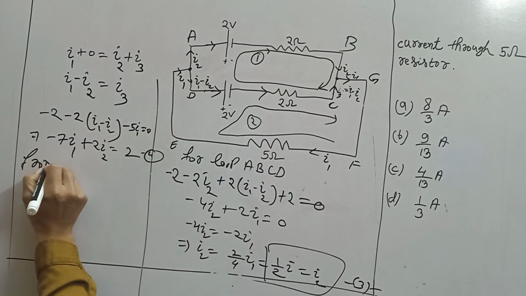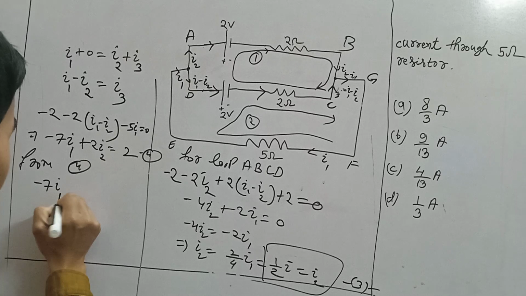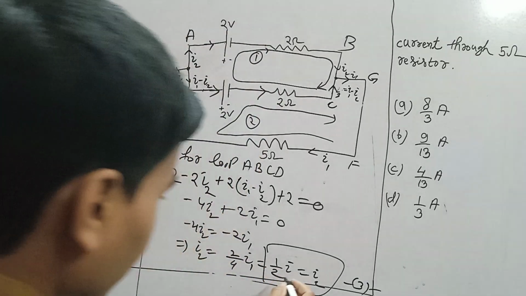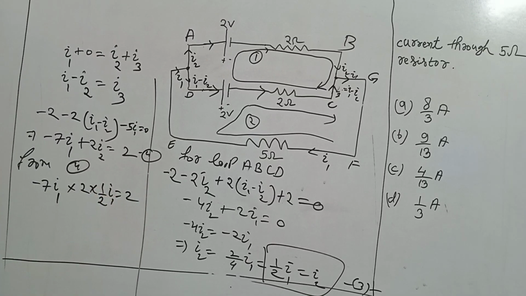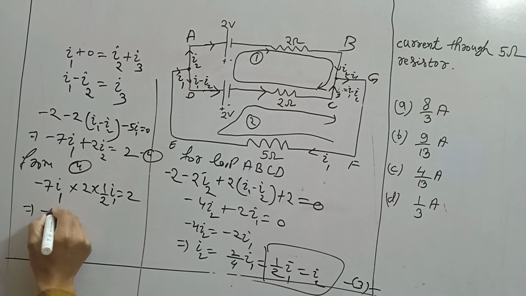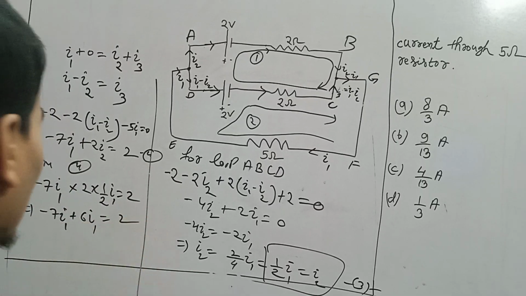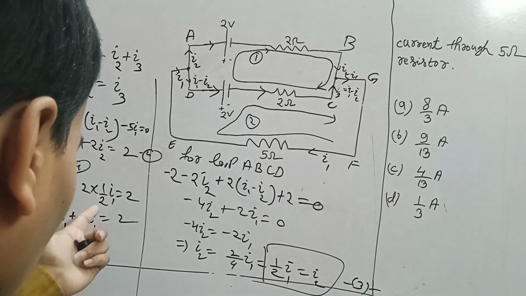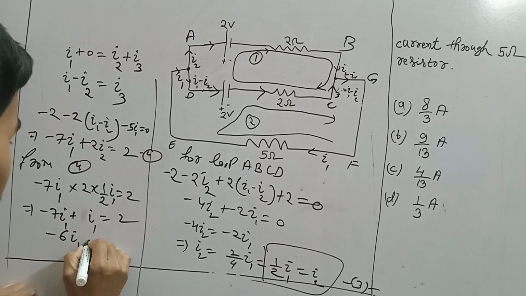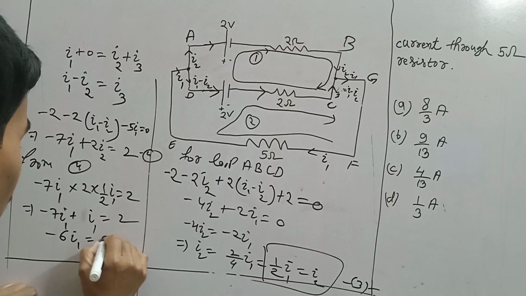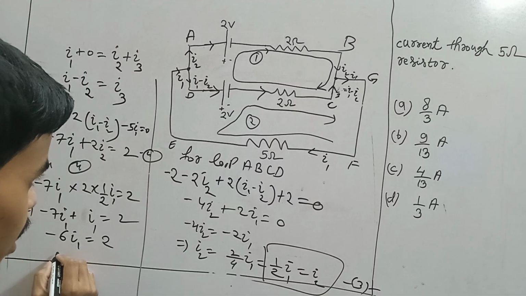From 4 we get minus 7I1, and 2I2 means 2 times half of I1, this 2 cancels, so minus 7I1 plus I1 is minus 6I1, equal to minus 2, so our I1 will be 1 upon 3.